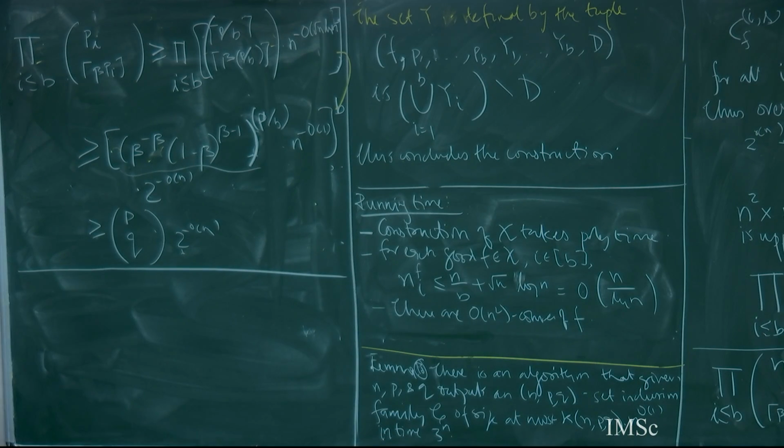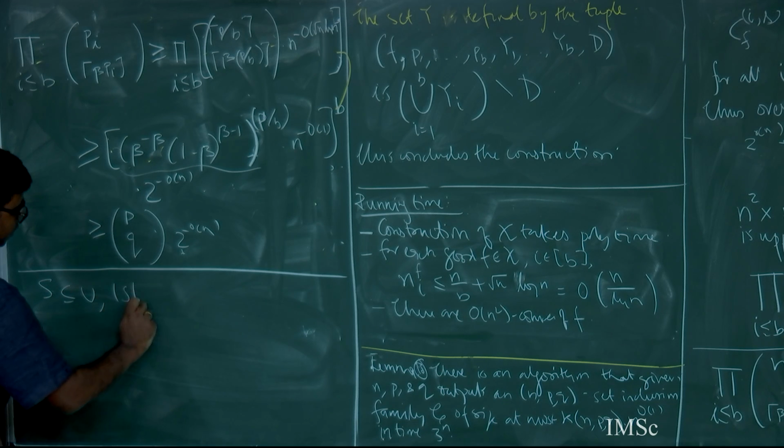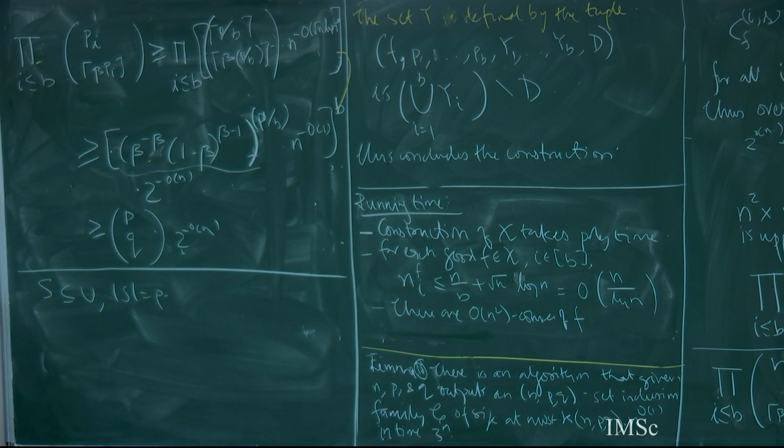Why is this correct? Well, now let's consider a subset S of U, with cardinality of S equal to P. Let's fix this.